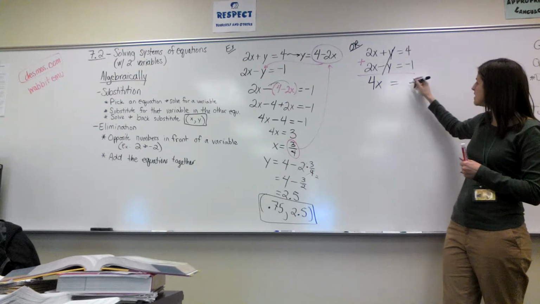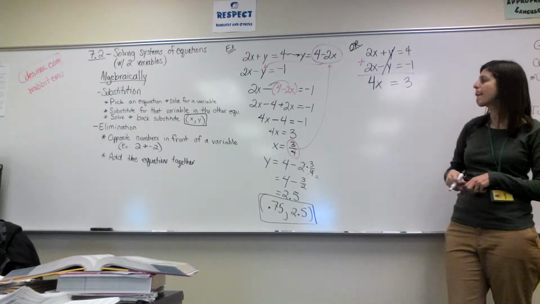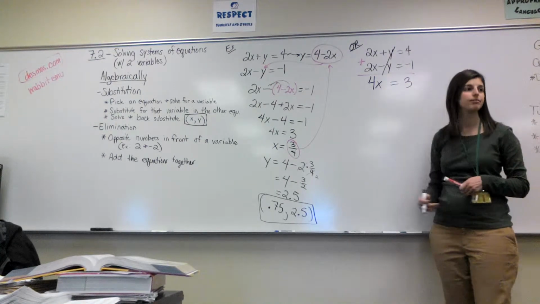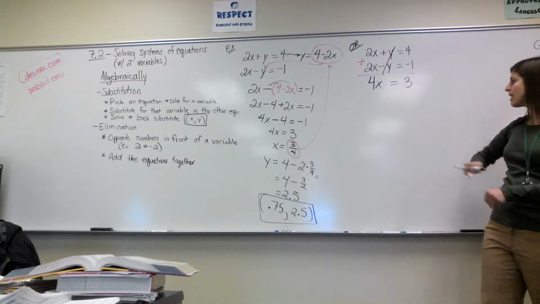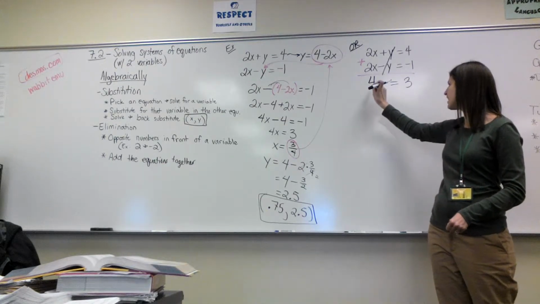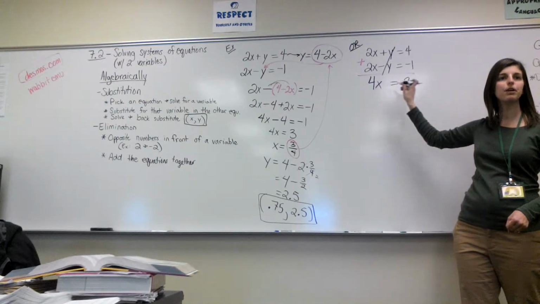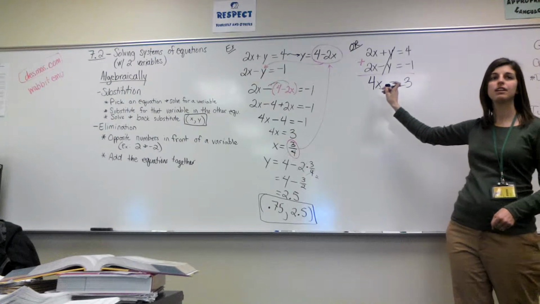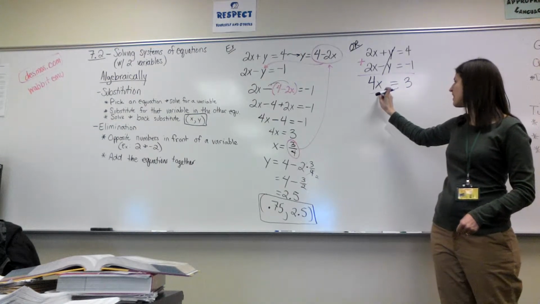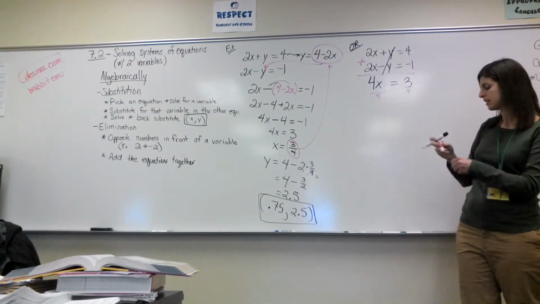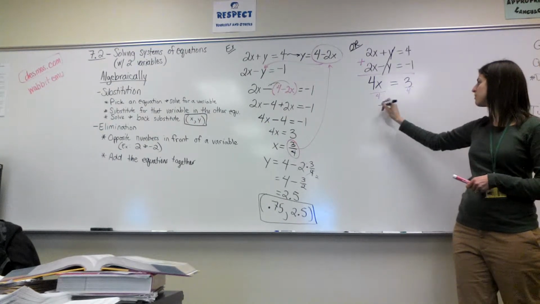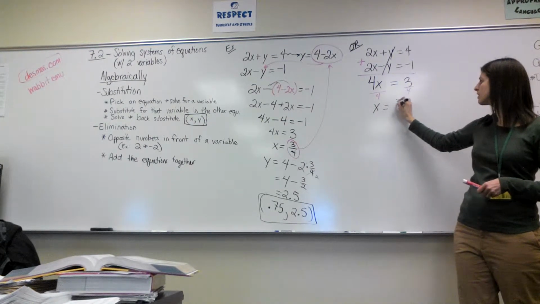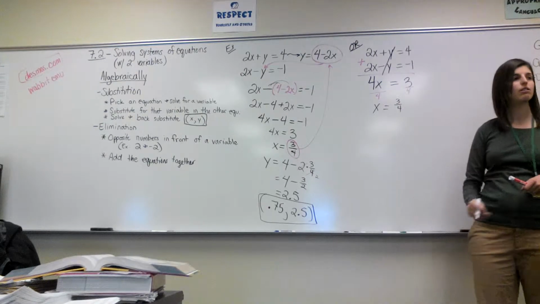Equals 4 minus 1, which is 3, or 4 plus -1. Then divide by 4 to solve for x. I have one equation with one variable. I only have x's in my equation. So you're going to divide by 4 and get x equals 3/4. I had that a minute ago.